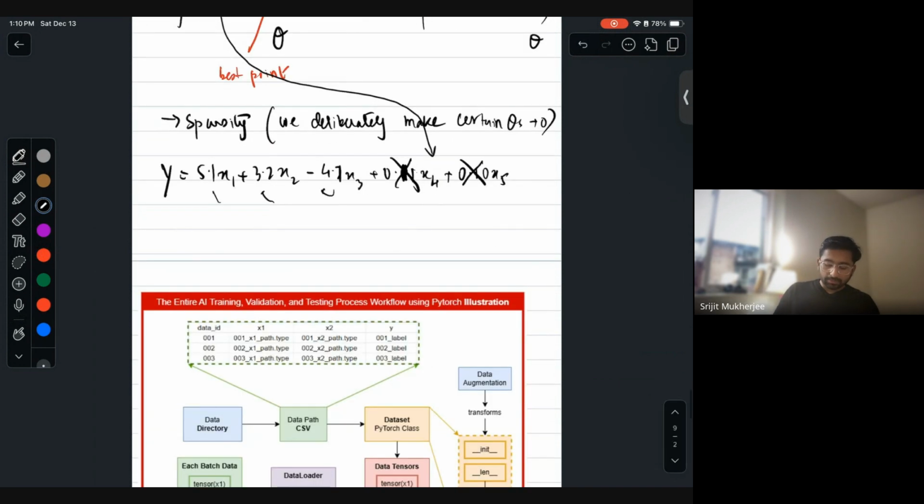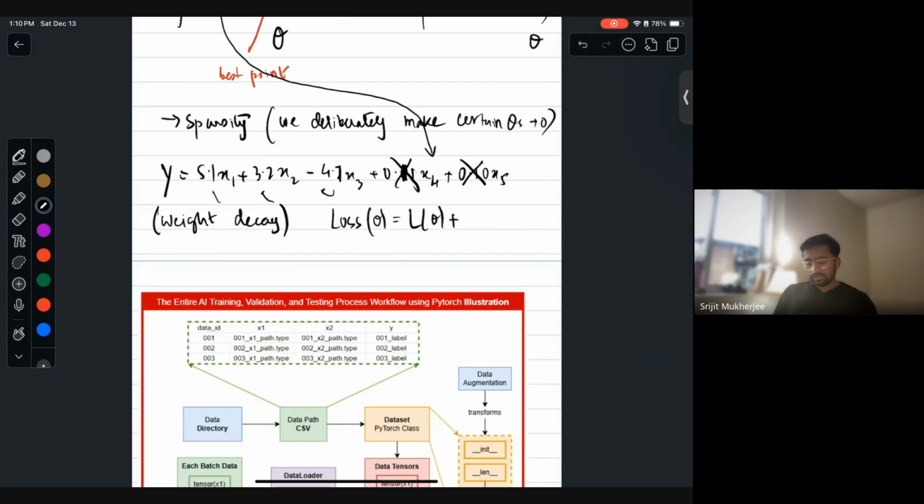This is done by something called weight decay. Weight decay is nothing but adding a loss term. So this is the usual loss term, whatever the loss term is, L(theta) plus some modulus theta to the power k.